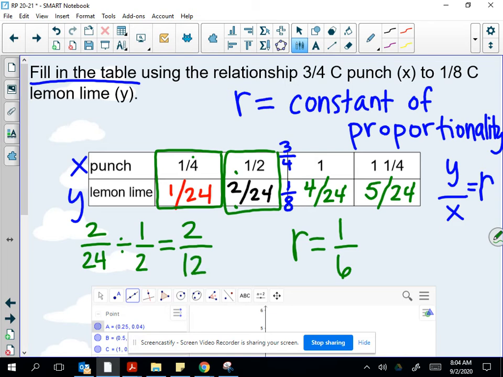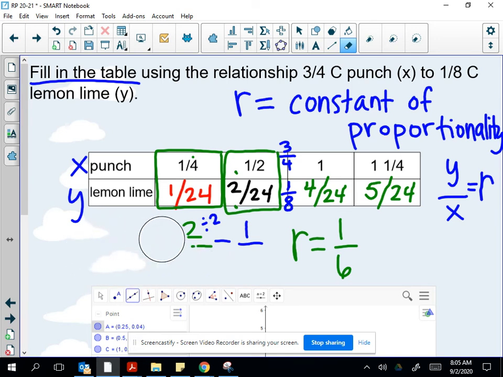You might be thinking, Miss, 2/12 is not the same as 1/6. That's because it's not simplified, right? I can simplify this. They're both divisible by 2, and I get 1/6. So the constant of proportionality for this table is 1/6.